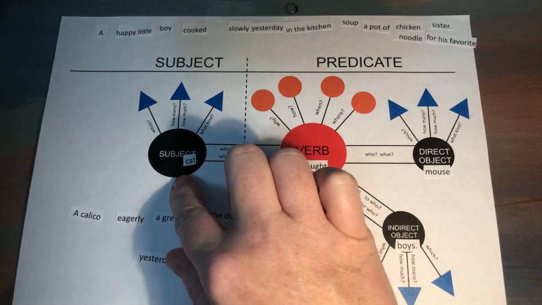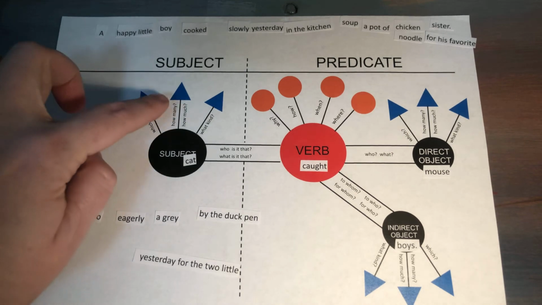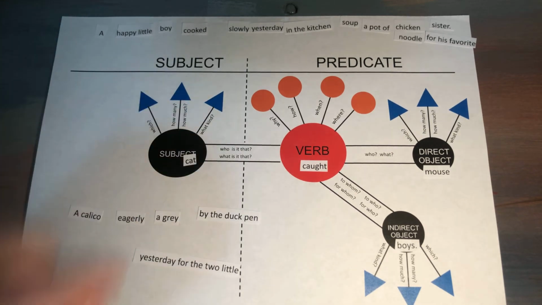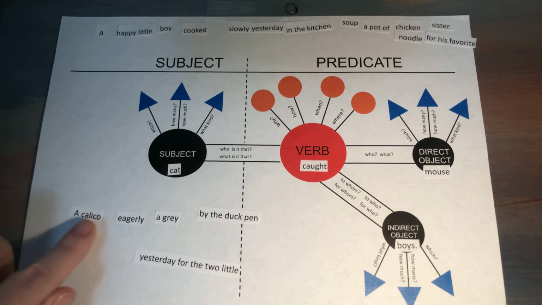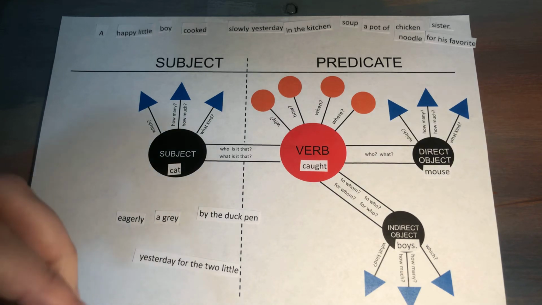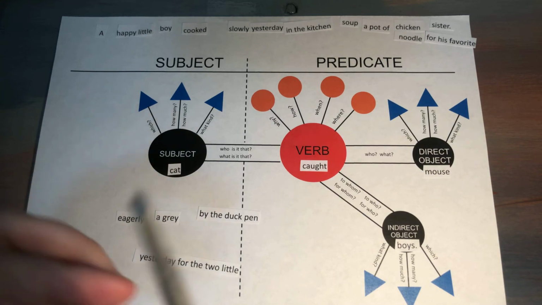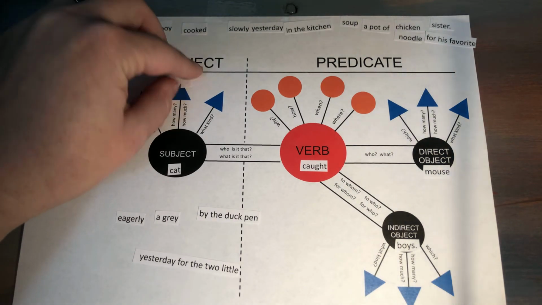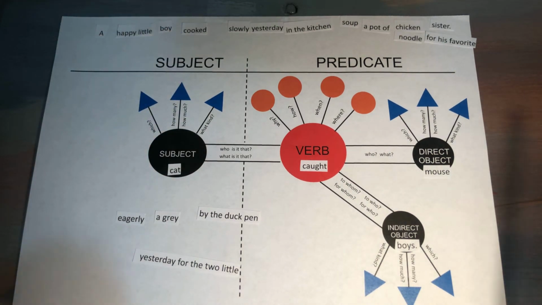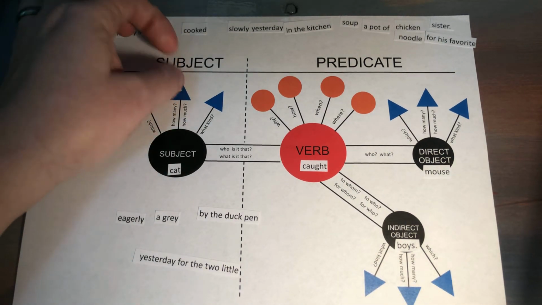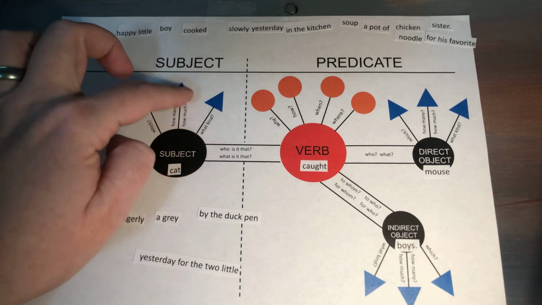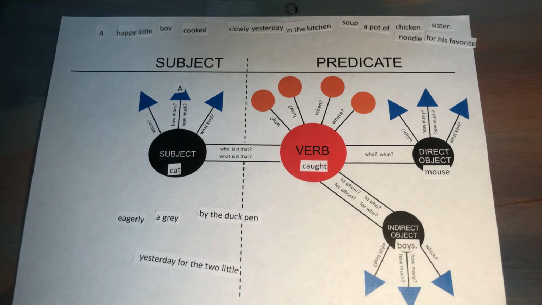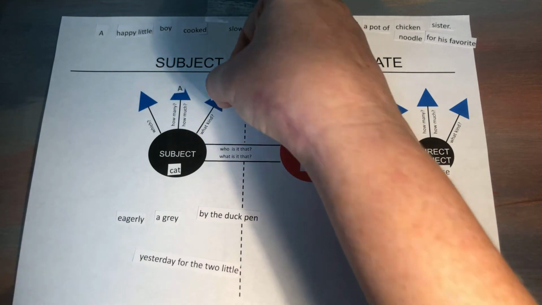Let's start with cat. Which, how many, or how much, and what kind of cat are we talking about? A calico. So we know A is how many, because we know A means one. So let's turn it around the right way so we can read it. A, and what kind of cat did we have?